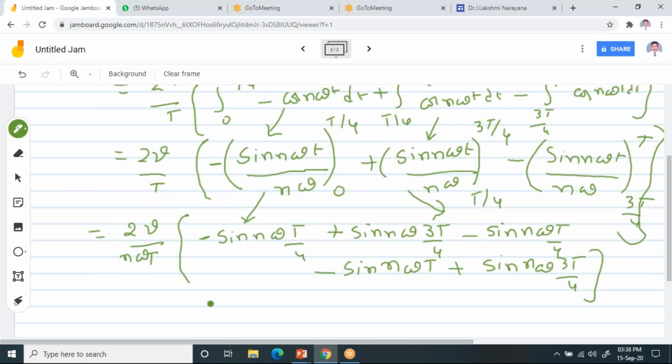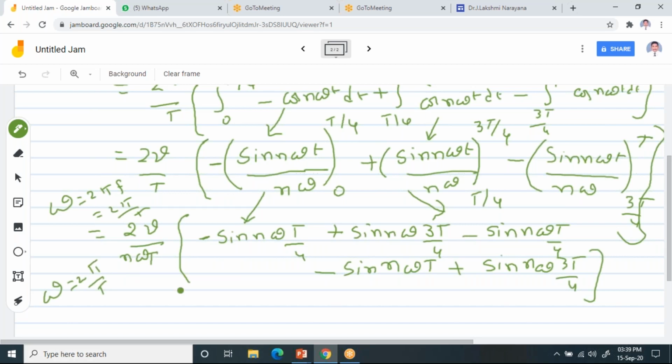Now omega you can write as 2 pi by capital T. The moment you write omega as 2 pi by T, omega T you can write as 2 pi.